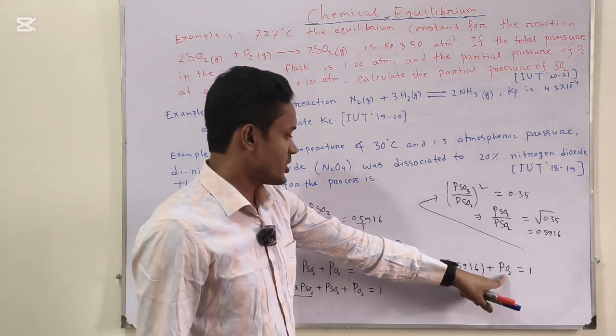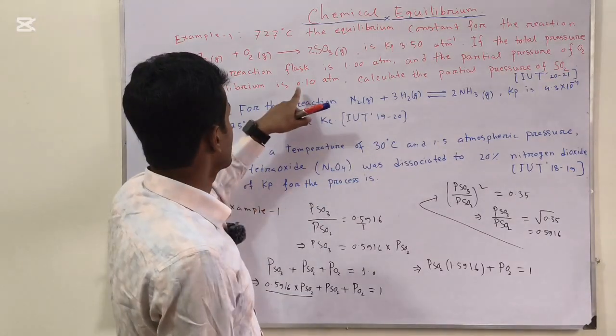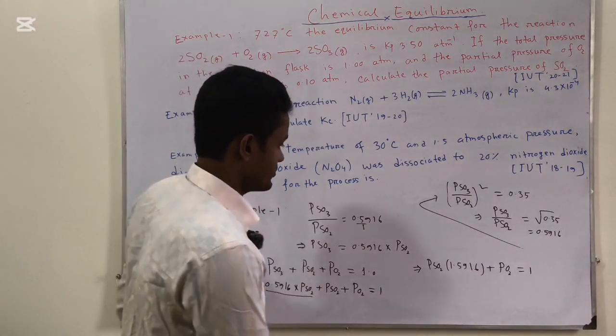The partial pressure of oxygen is given as 0.10.